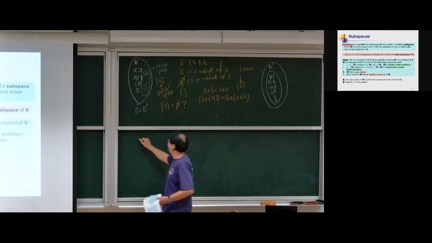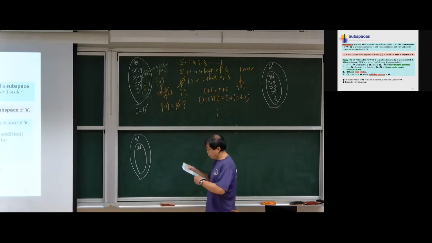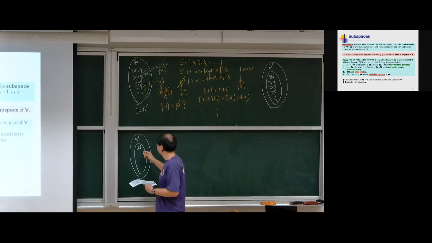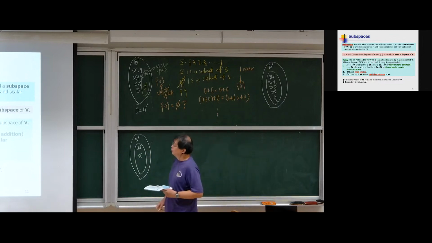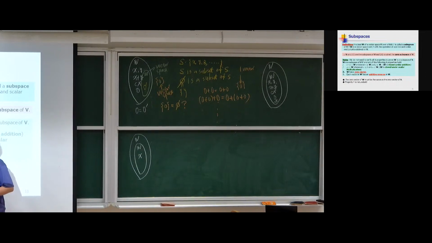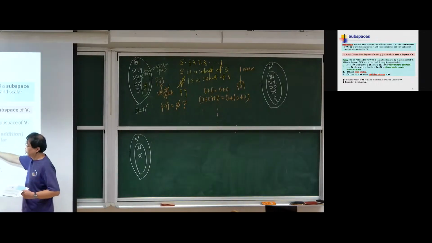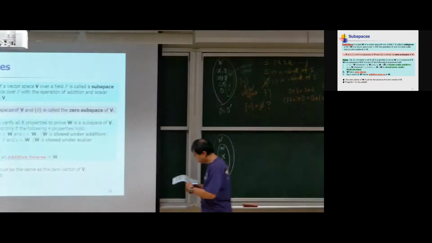So here I have a vector space V and a subspace W here, and we have X here. Right now we haven't proved these three properties yet, but we assume the first 3 properties hold, and we want to prove that property 4 is redundant.